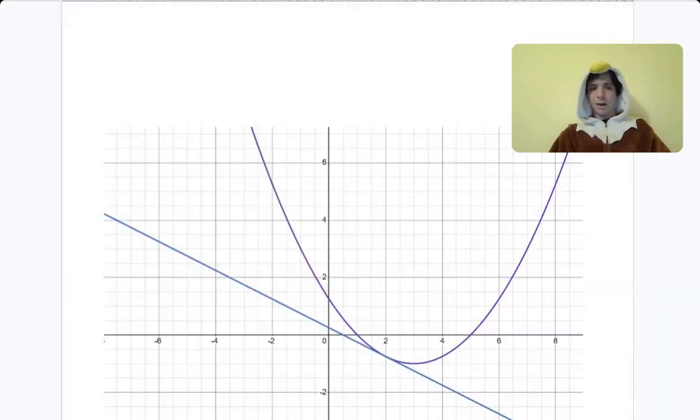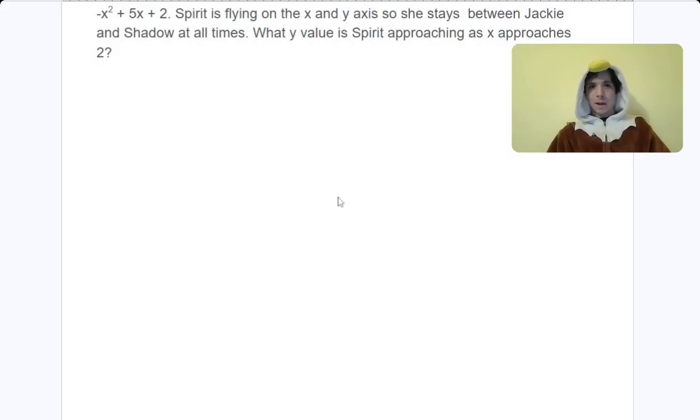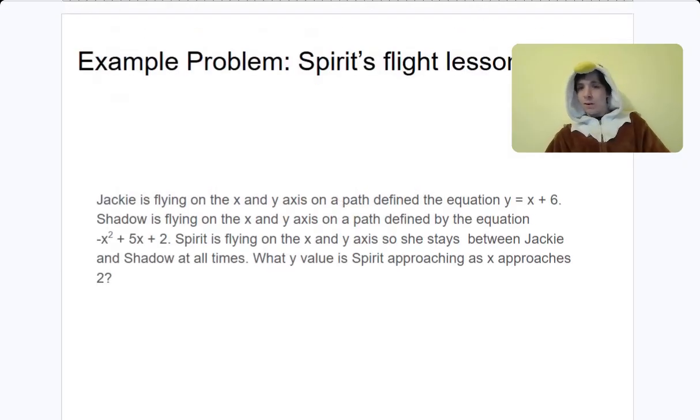And let's look at an example problem. You can do this with algebra or a graph. So an example is Spirit's flight lesson. We're going to have Jackie flying on the x and y axis with the equation y equals x plus 6. So it's going to be sort of a straight line.